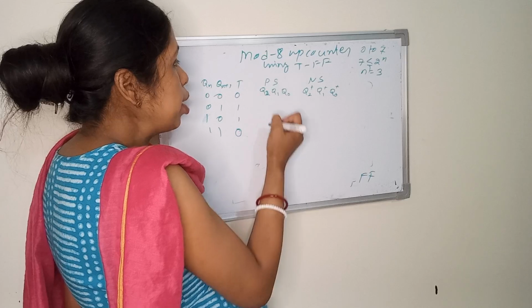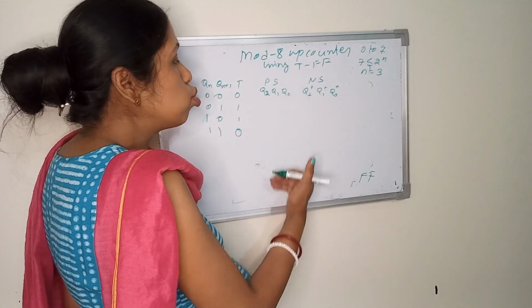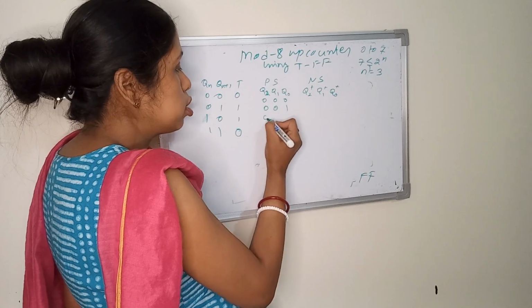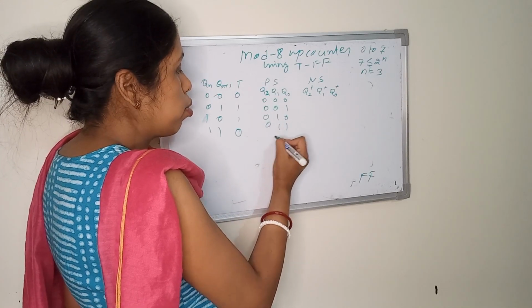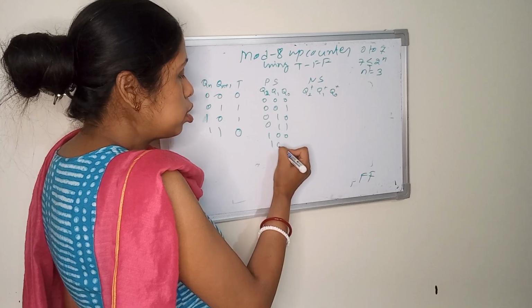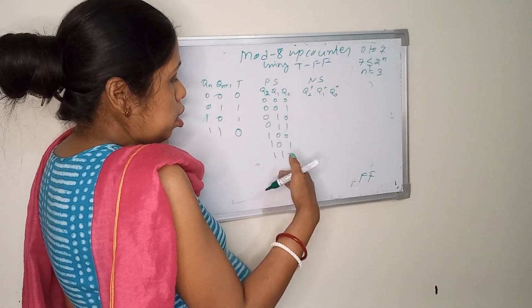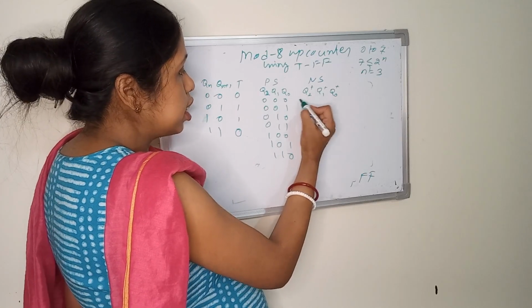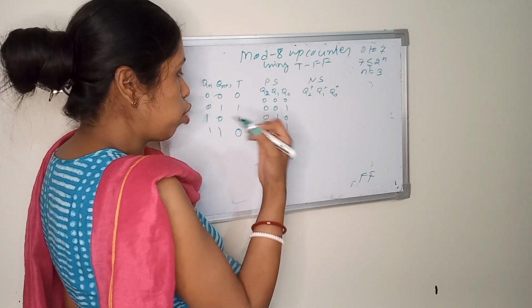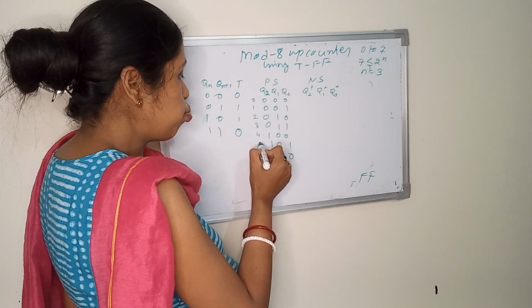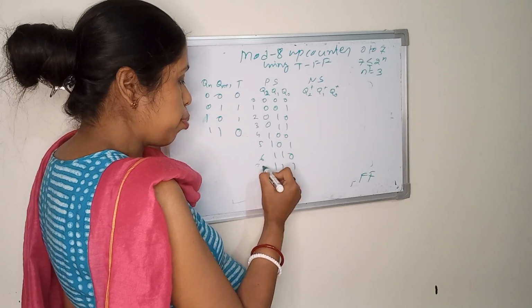In the present state I will write the numbers from 0 to 7: 000, 001, 010, 011, 100, 101, 110, 111. This is the binary number for 0 1 2 3 4 5 6 7.